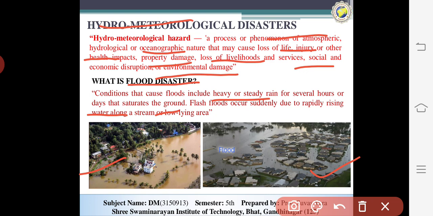A flash flood occurs suddenly due to the rapid rising of water along streams of low-lying areas. So this can occur due to rainfall.